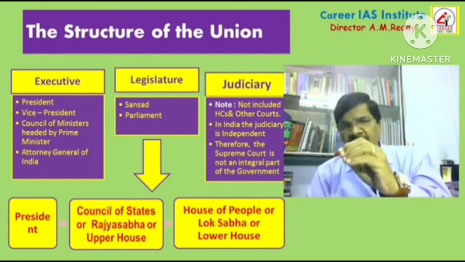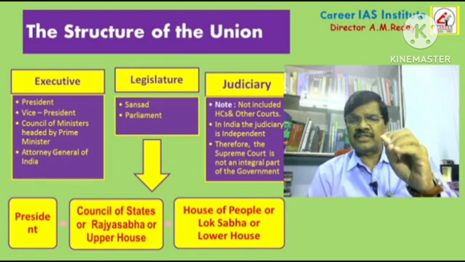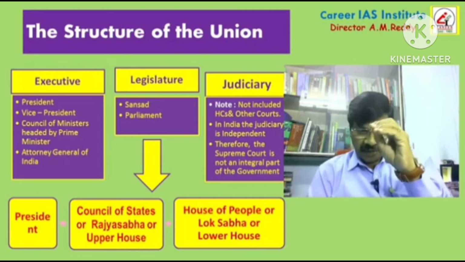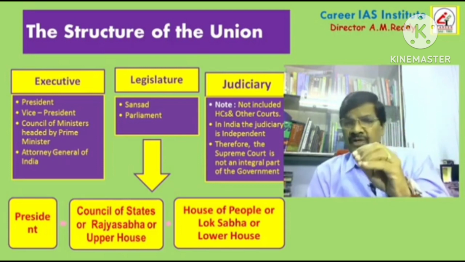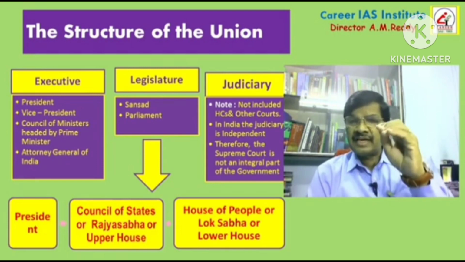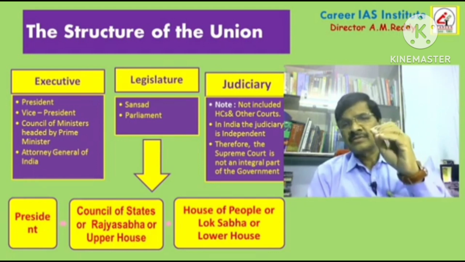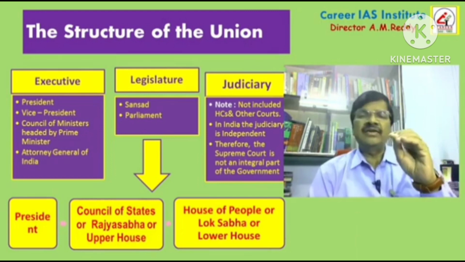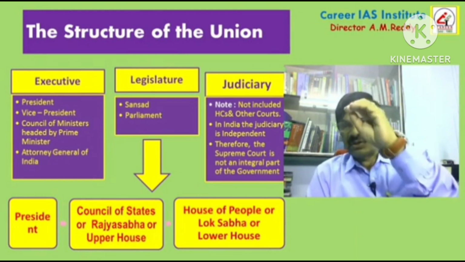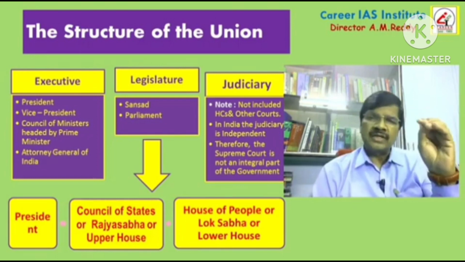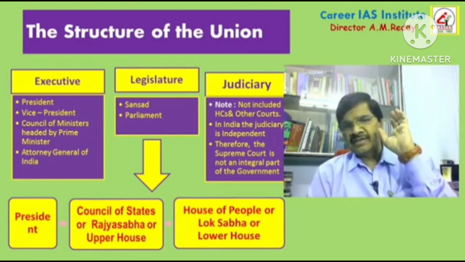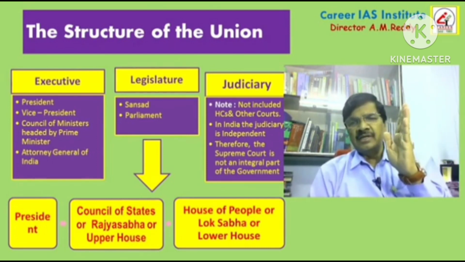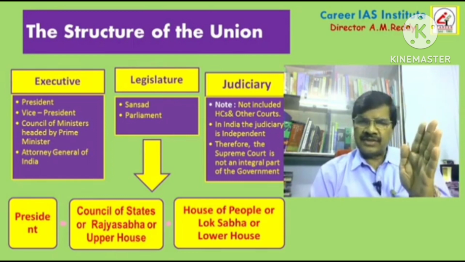Article 123 deals with ordinance making powers of the president, and 124 to 147, the provisions relating to the Supreme Court, and Article 148 to 151 deal with the provisions relating to the Controller and Auditor General of India. Is it clear now? Now, let us see what are the parts of the Union Executive.